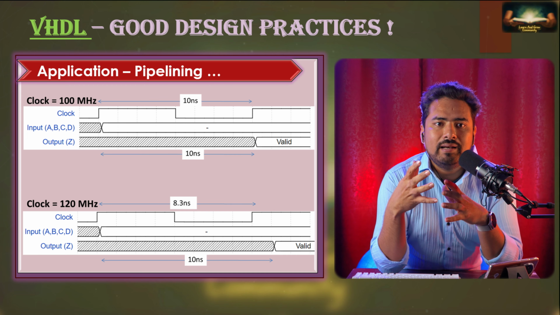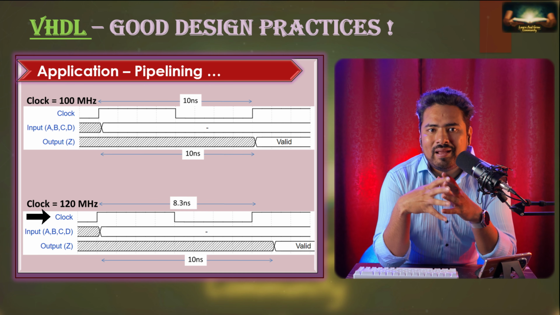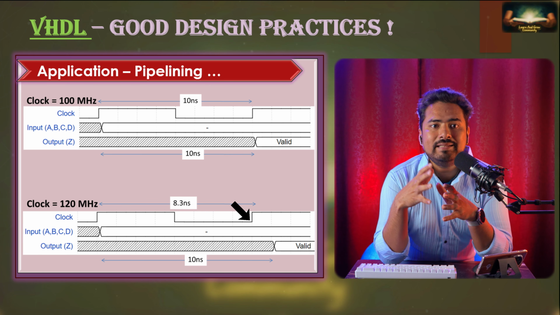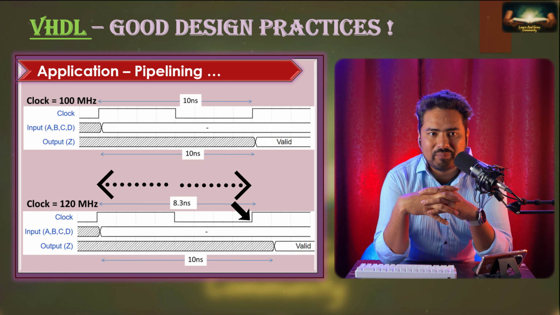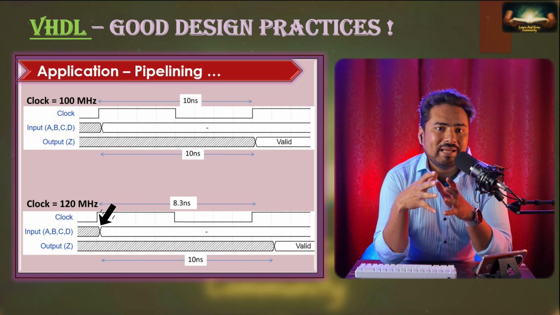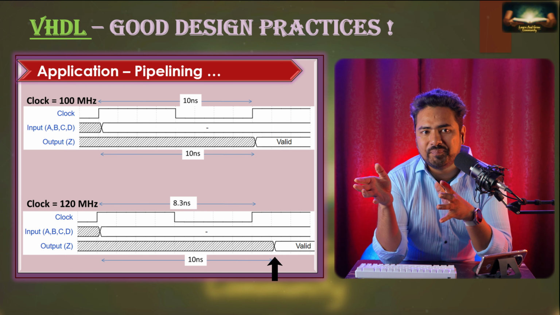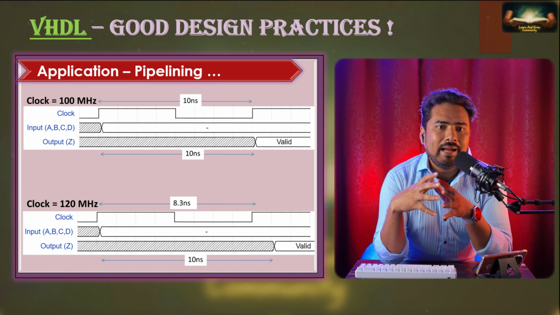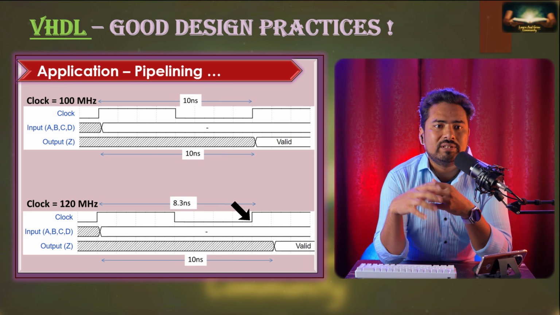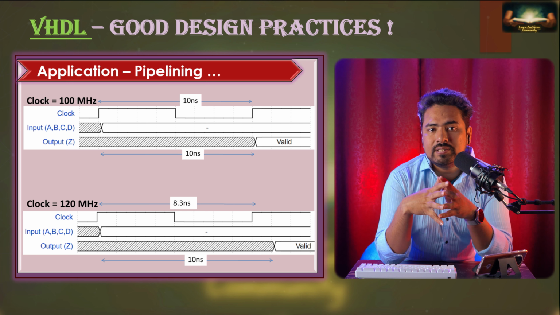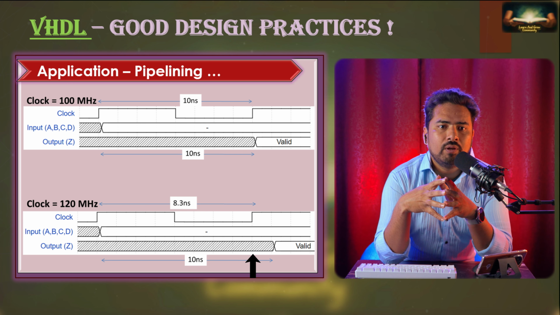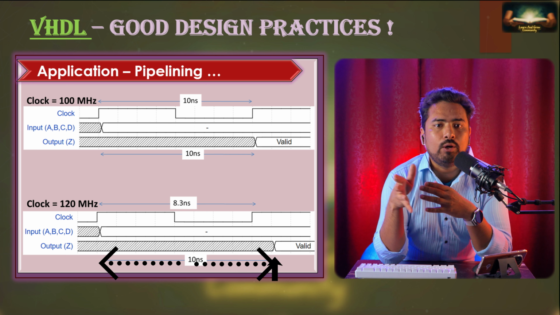So you can see that this is our clock cycle and we get the rising edge at 8.3 nanoseconds, and we change our inputs at this point. So we get our output after 10 nanoseconds. But the problem is that at this point, when the clock signal has the rising edge, you still do not have the valid output because it takes 10 nanoseconds.